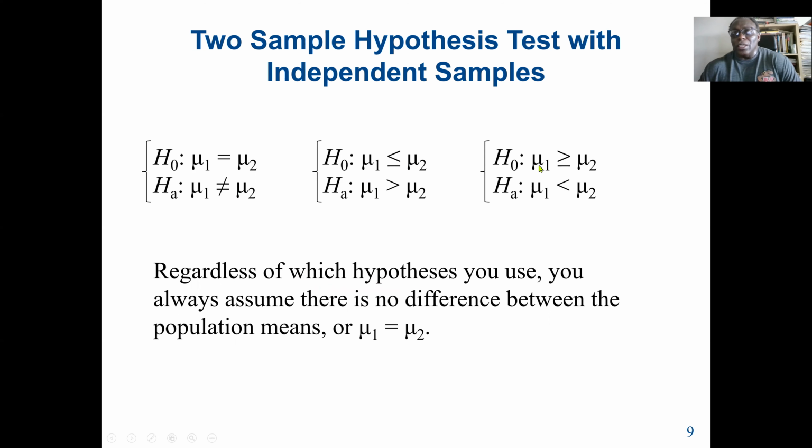If H0 says mu1 is greater than or equal to mu2, then HA should be mu1 is less than mu2. So we can see that HA is true when H0 is false. Regardless of which hypothesis you use, you always assume there's no difference between the population means, or mu1 is equal to mu2.